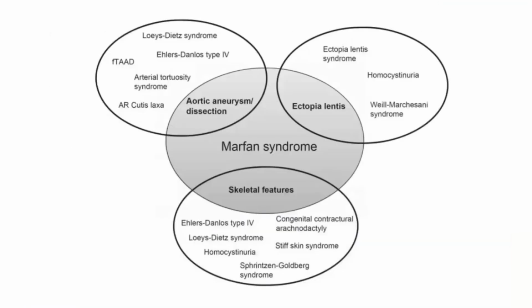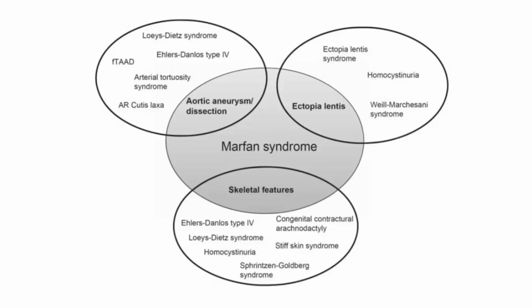So many features of Marfan syndrome do coincide with other syndromes, and that is why it's important to rule them out. These syndromes can be very easily clinically recognized. For example, the skeletal features may also be seen in Ehlers-Danlos and Loeys-Dietz syndrome. Loeys-Dietz patients will present with facial dysmorphism. Homocystinuria patients will have lens dislocation and increased levels of homocysteine.